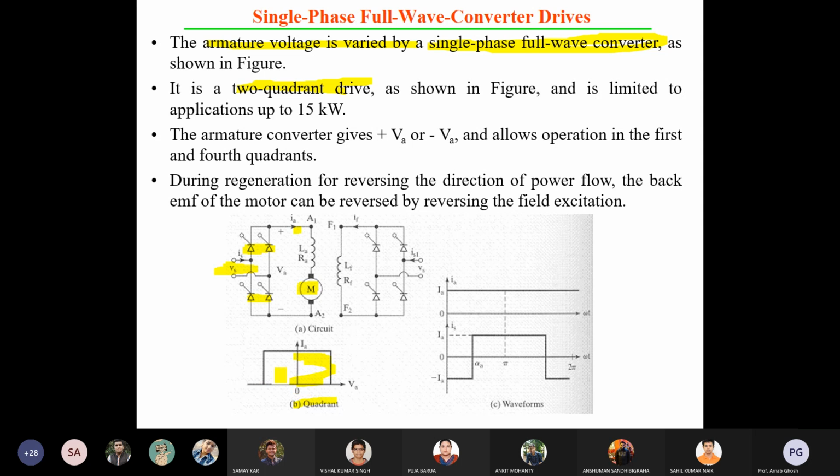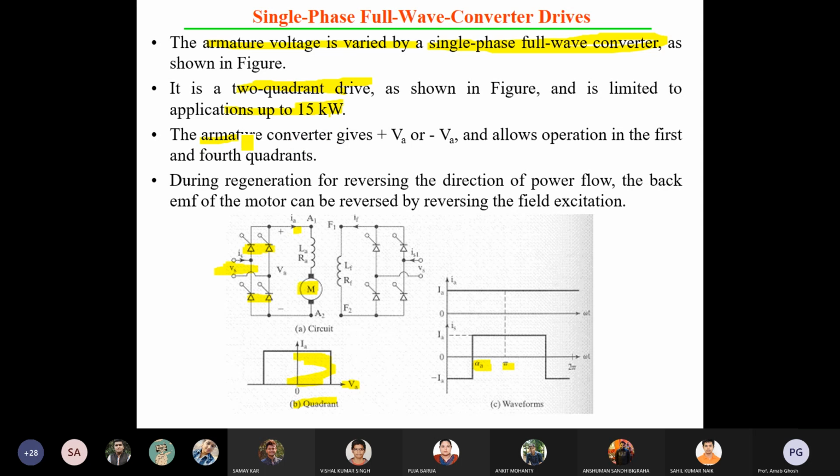Current is positive, while the armature voltage can be negative in this configuration by varying the firing pulse. The firing angle alpha can vary beyond pi up to 2 pi. The application can go up to 15 kilowatt.